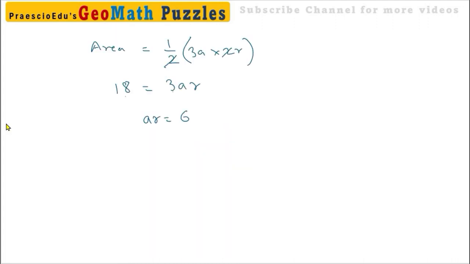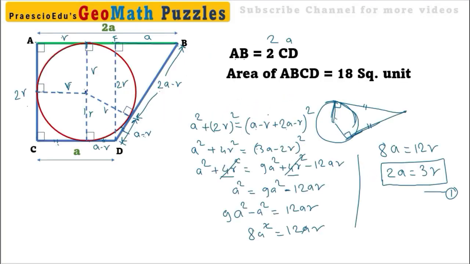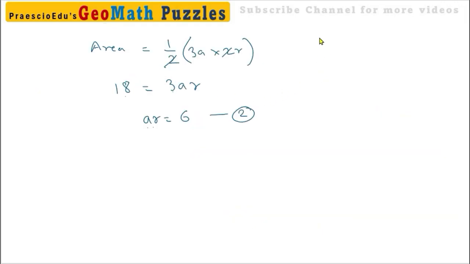This is equation number 2, and equation 1 is 2a equals 3R. So let's note down here 2a equals 3R. Let's multiply equation 2 by 2. So 2a multiplied by R is equal to 12.